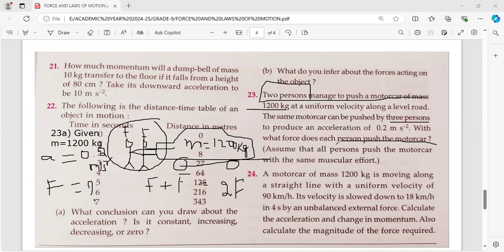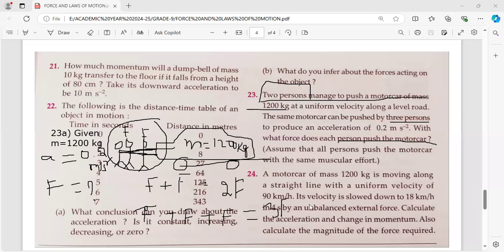Now, what about the next condition? After two persons, three persons manage to push the same car. Now what happens to the forces? Force will increase. F plus F plus F, total 3F.